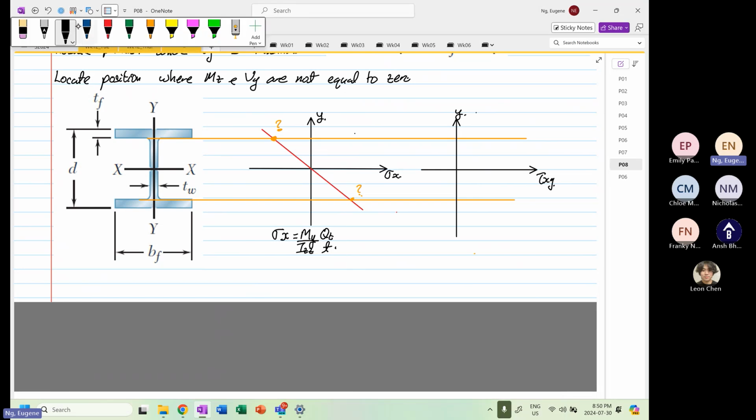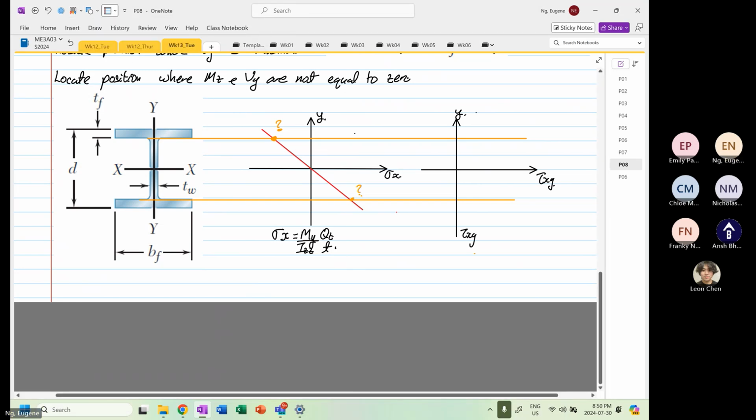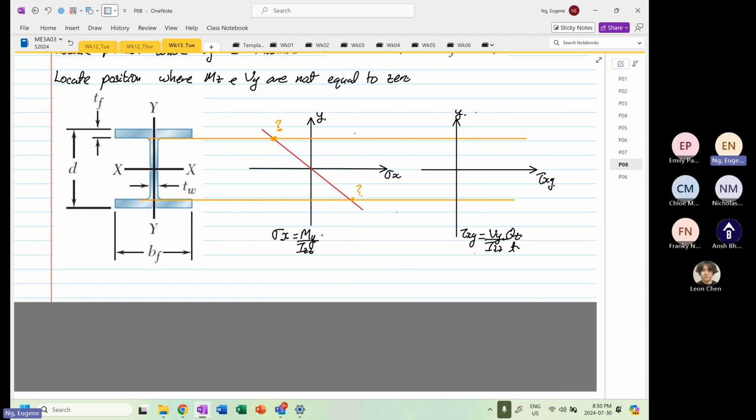And then we have our shear XY is equal to Vy over Izz Qz divided by T. Why I put Qz over T is My multiplied by, sorry, too excited again. My over Izz multiplied by the distance y. Okay, so multiplied by y.